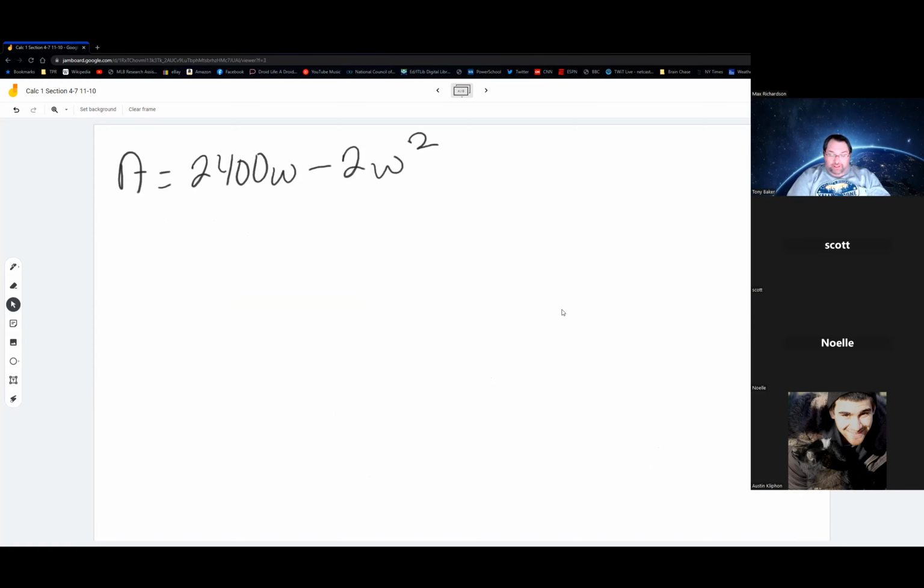So there's my area. So the derivative of that would be 2400 minus 4W. And again, my restrictions are 0 to 1200 for W.